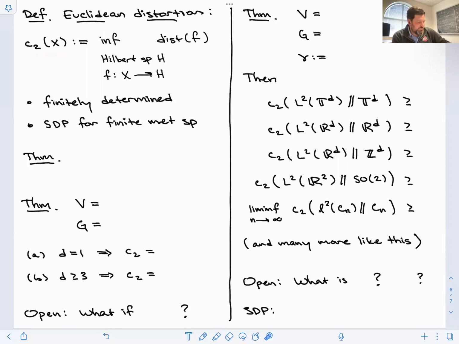I find that remarkable. Another remarkable thing is that for each of those finite metric spaces, there exists a semi-definite program that kicks out the optimal distortion, the Euclidean distortion. So you can use this information in order to prove the following.